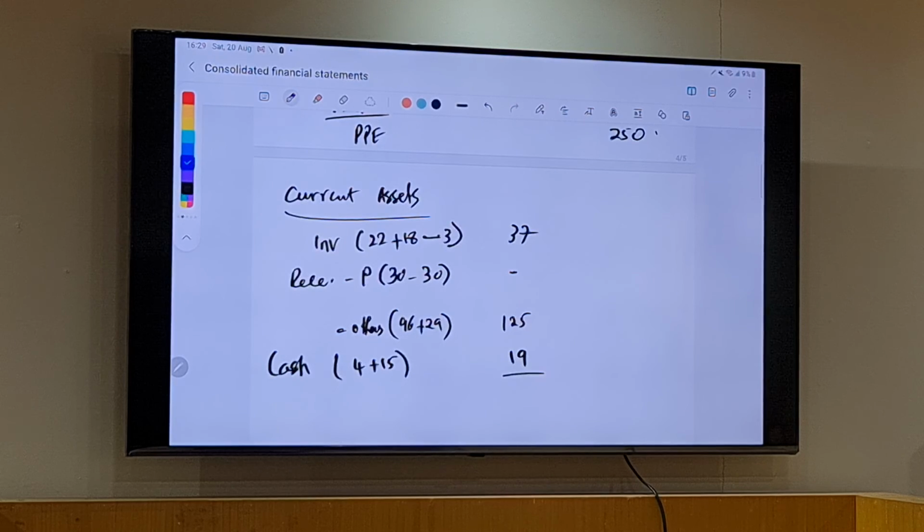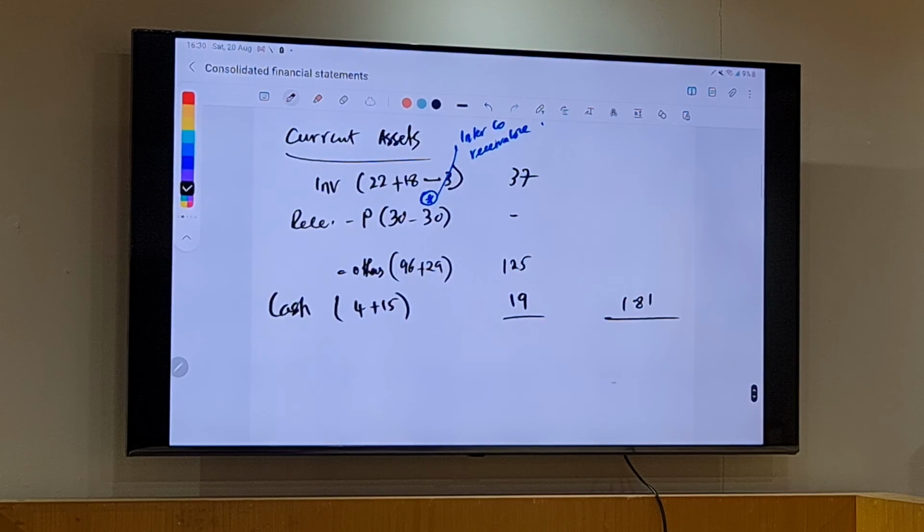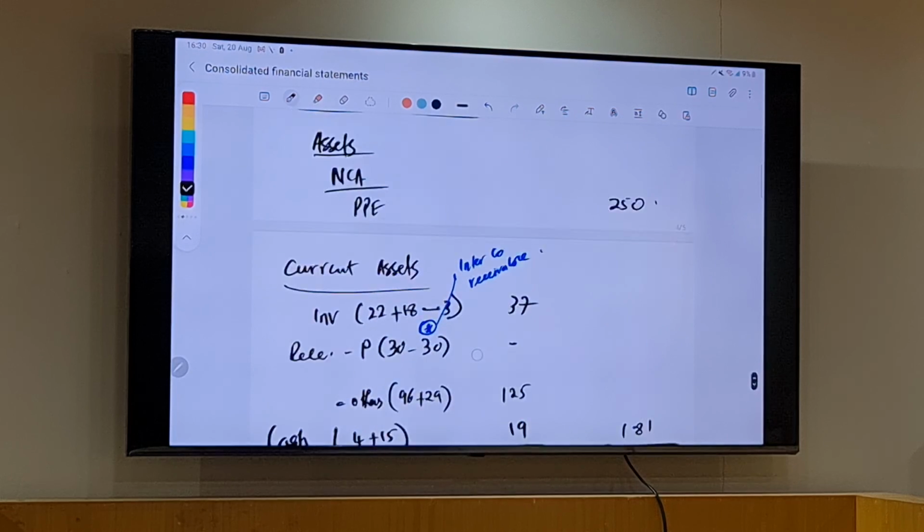So I believe all of you understood why I subtracted this. Intercompany, how much? 181. So can you take the total of these two? 250 plus 181, how much? That will be 431 total assets. 431.